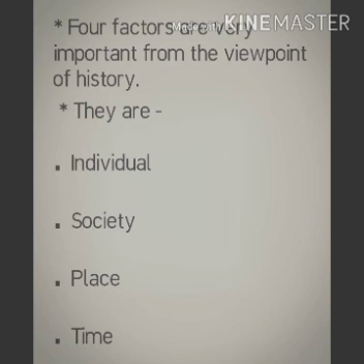Means we studied individuals, their culture, economic and political condition, means the study of society. When and where the events took place means the study of place and time. So these 4 factors are important from the viewpoint of history.